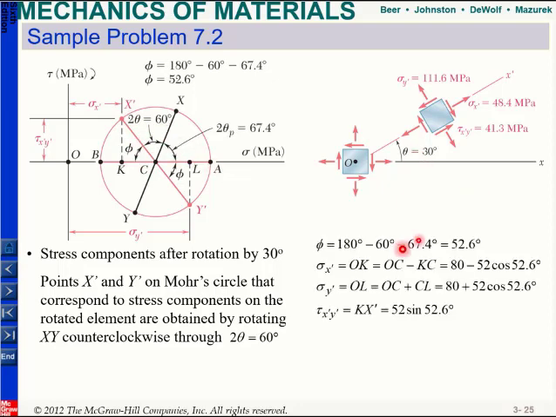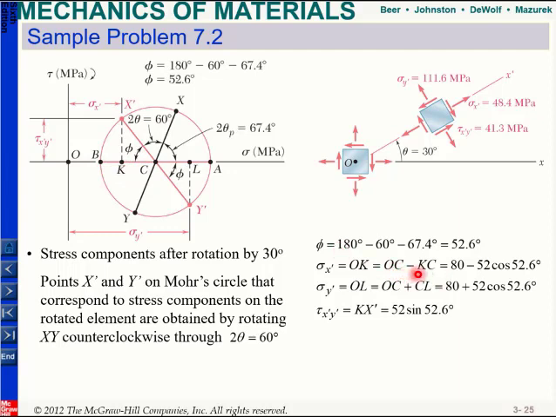So if you want to find your phi, it's equal to 180 minus 60 and minus my 2 theta P, which is 52.6. Okay. And if you want to find the coordinate of this system, I can say that my sigma x prime, which means that basically I'm trying to find O to K, should be equal to my distance from O to C, which is my average, minus the distance from K to C.